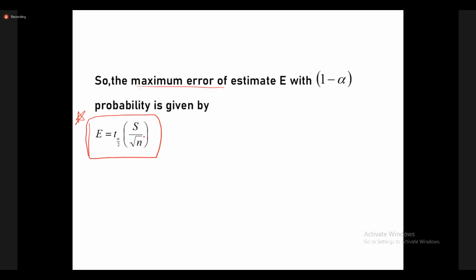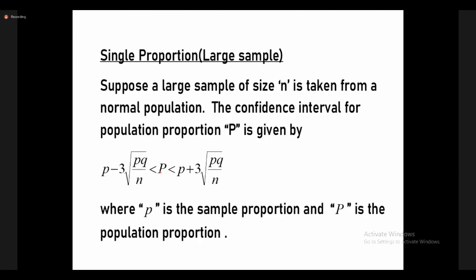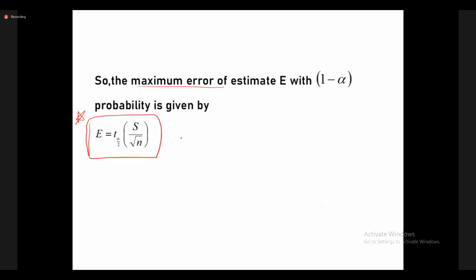This is the maximum error for small samples, as well as the theory we require when you are estimating population parameters for small samples and large samples.